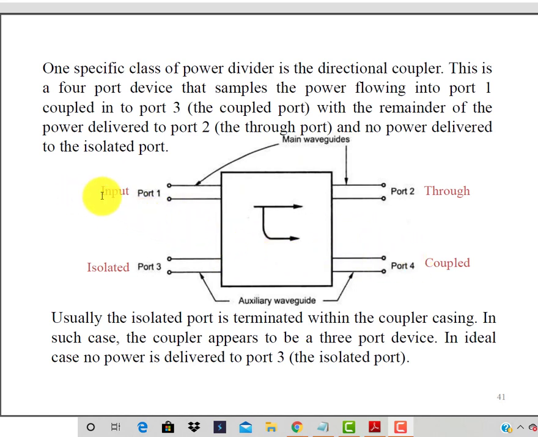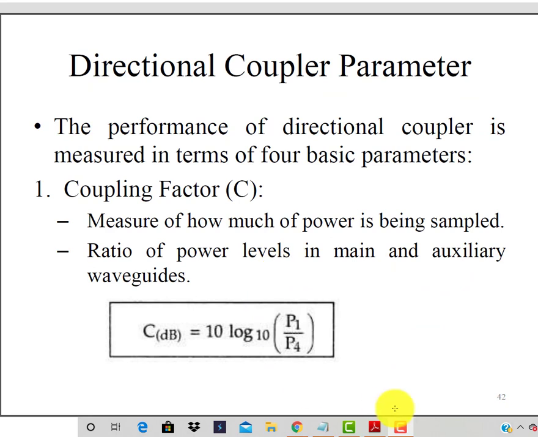If the power is incident at port 1, the maximum amount of the power is coming from port 2 and part of the power is coming from the coupled port. How much degree of coupling is existing in between 1 and 4 can be defined based on the coupling factor. It's simply the ratio of incident power to coupled power, or P1 by P4.